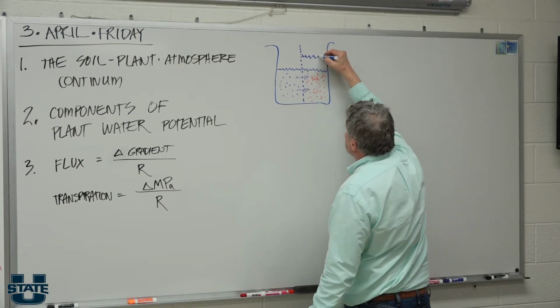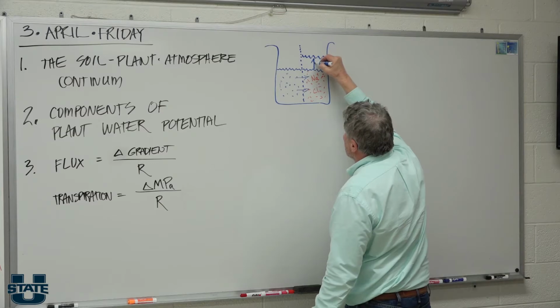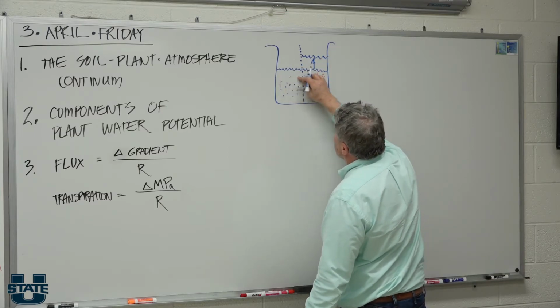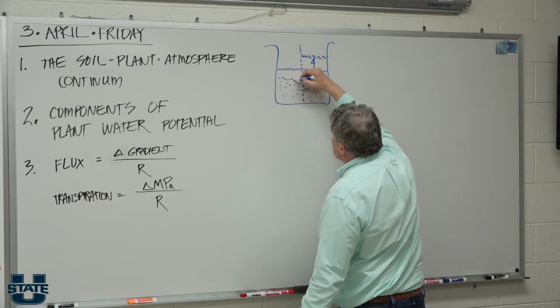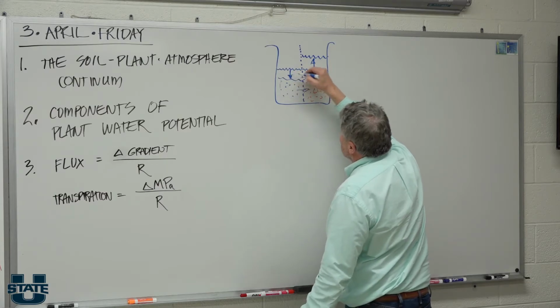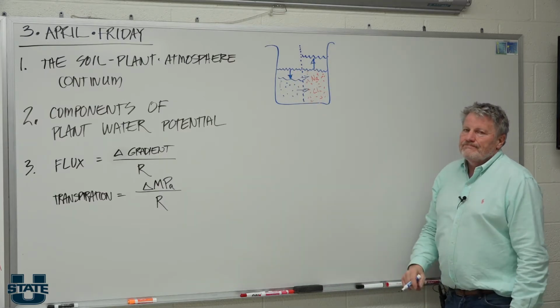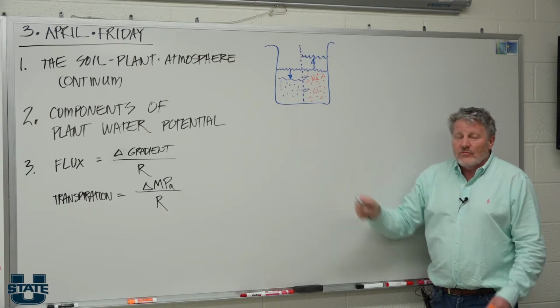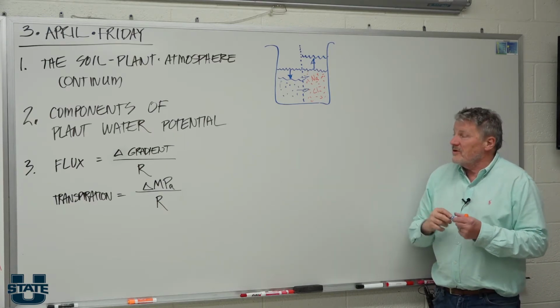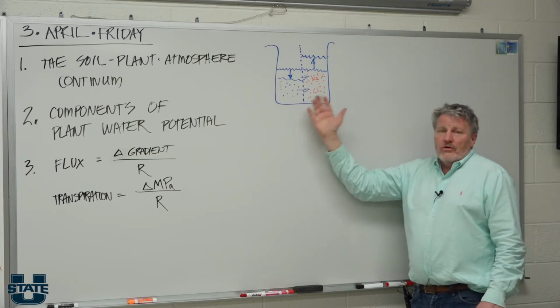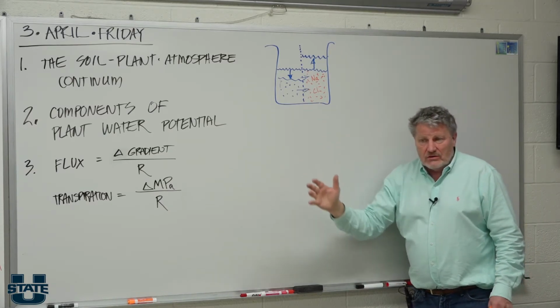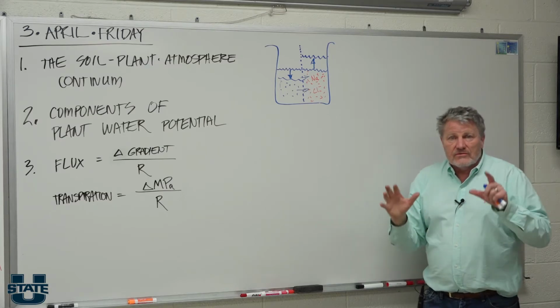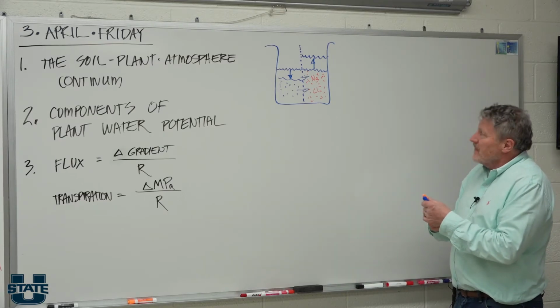This goes up, and this goes down. The water didn't change. It just gets drawn over here. This is the fundamental principle of the components of water potential. Water moves downhill where there's more salt, because there's more binding.